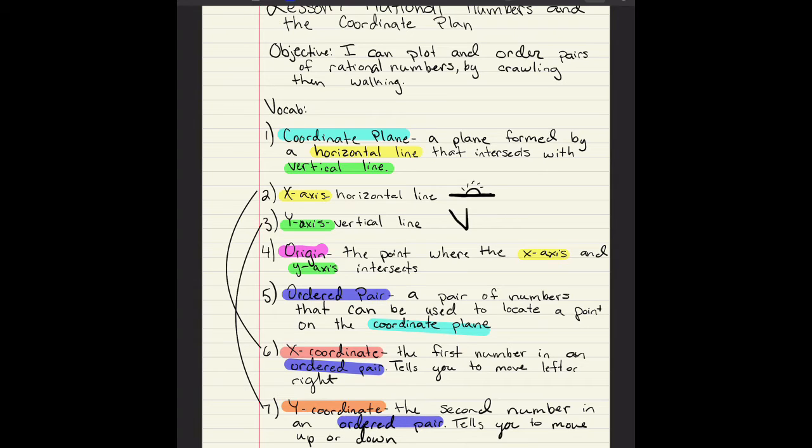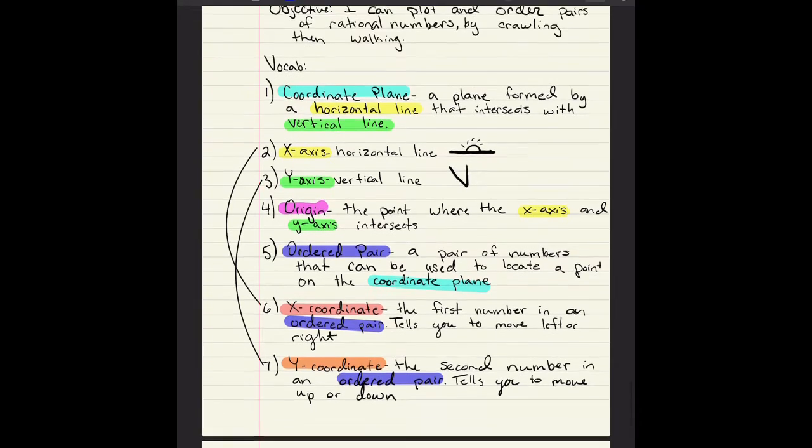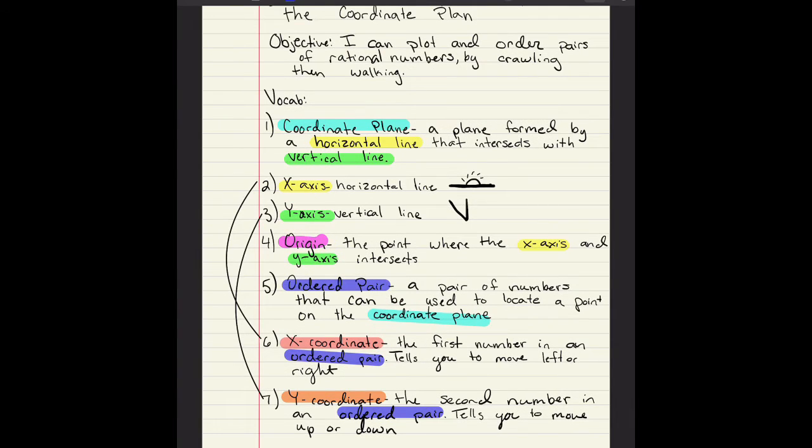So like a vertical goes up and down, the y-axis is vertical, so it goes up and down. So the y coordinate is on the y-axis. So those go together.